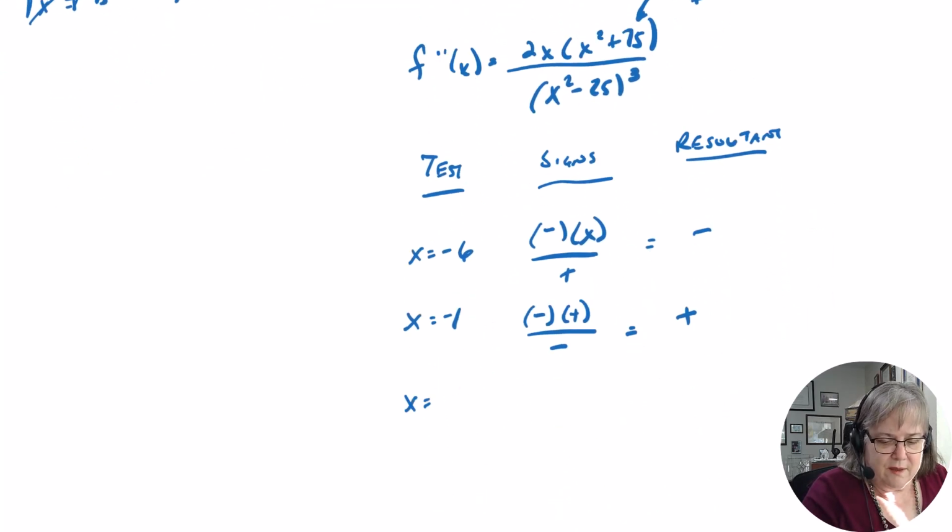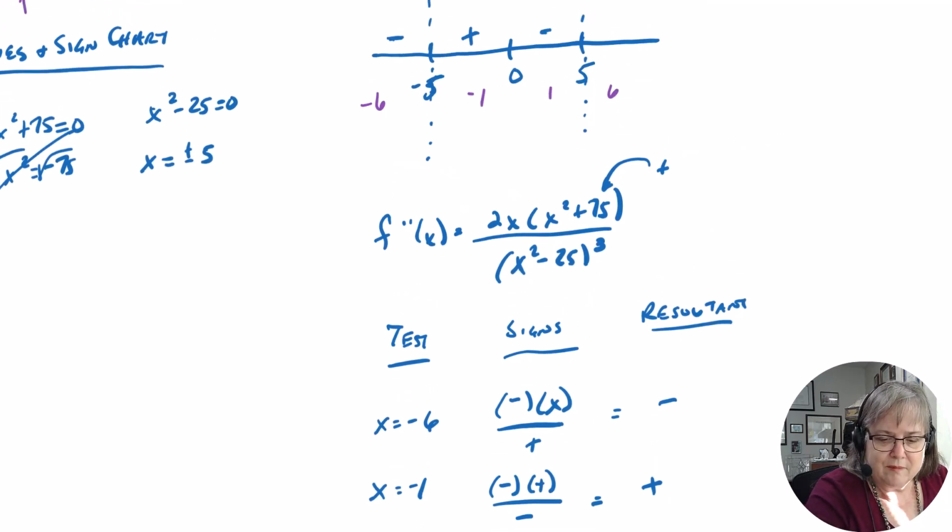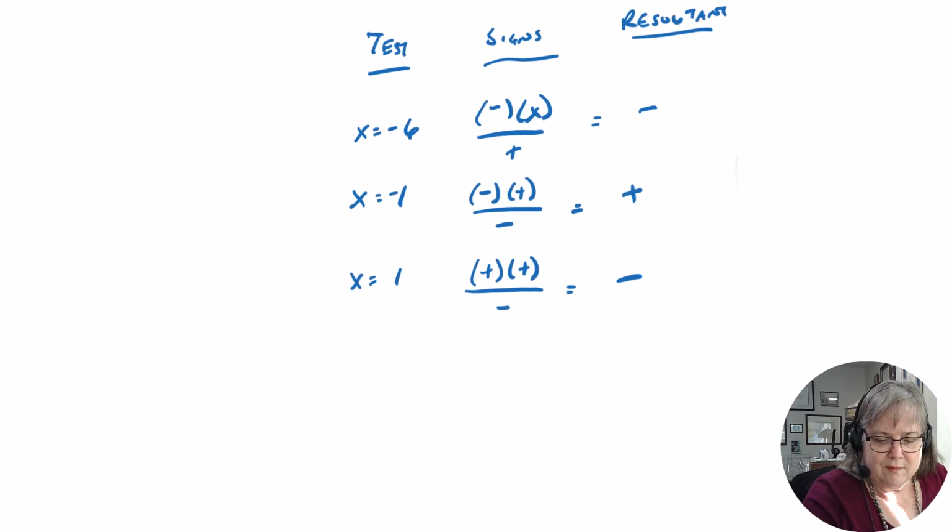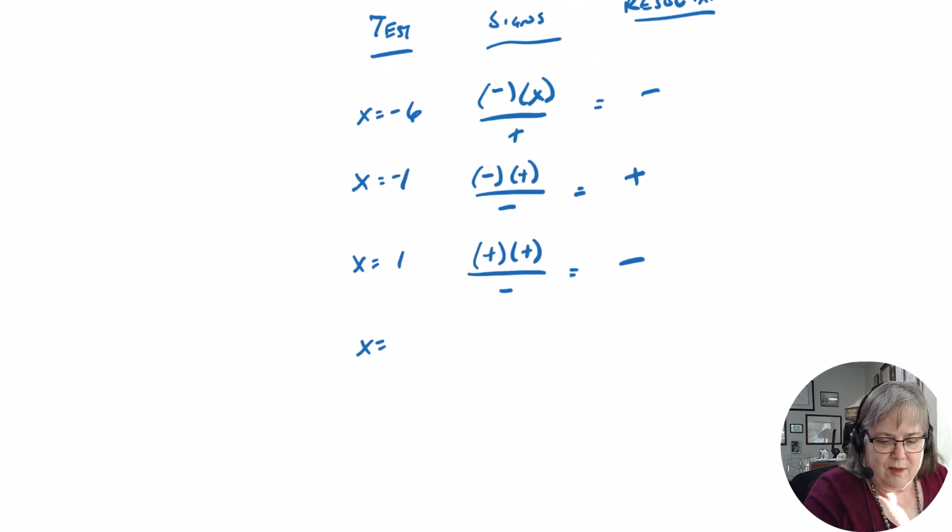And x is 1. 2 times 1 is positive. The second factor is always positive. 1 squared minus 25 is negative. Cubed is negative, so this is negative. And x is equal to 6. 2 times 6 is positive.